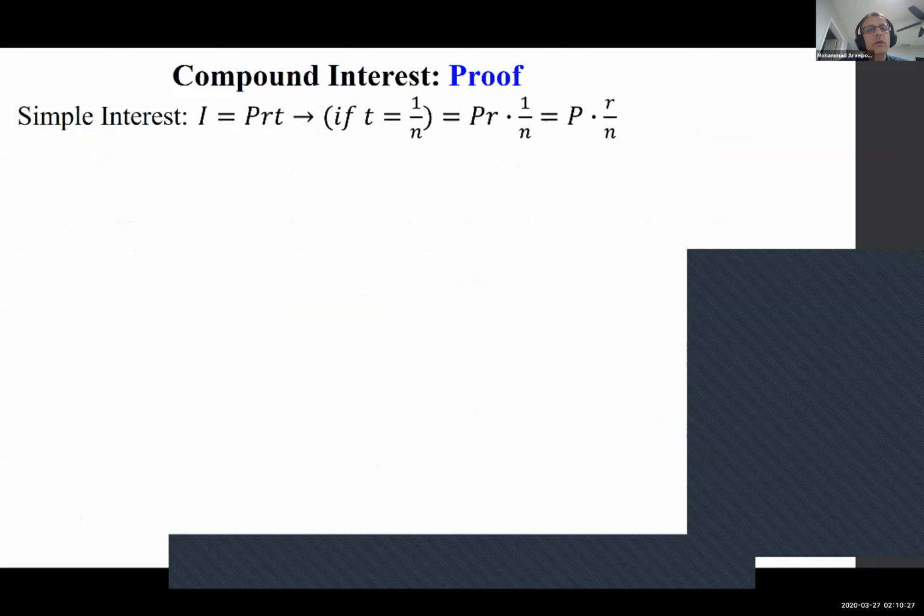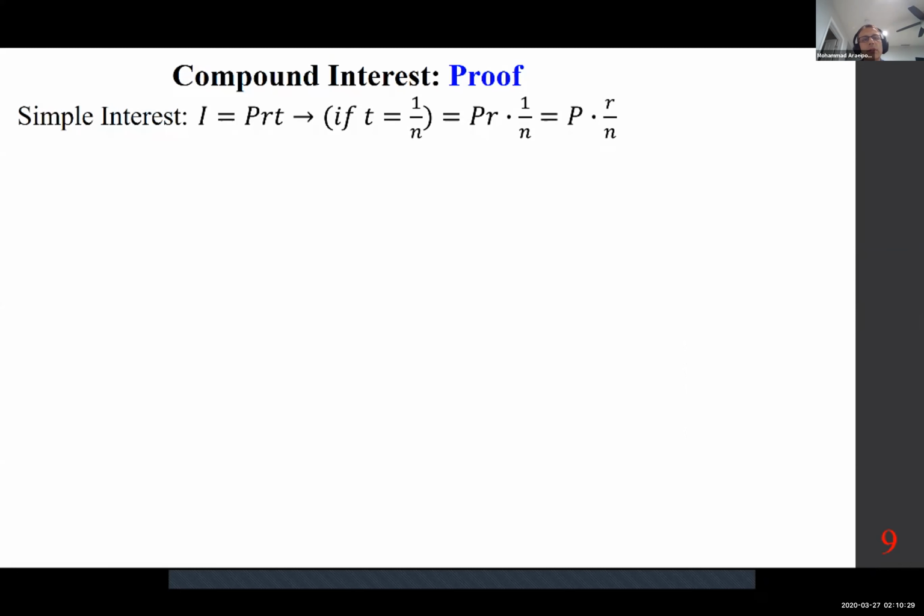All right, we want to look at the proof of compound interest quickly. I is PRT, okay? If we take time to be 1 over n, it becomes PR times 1 over n, or P times R over n.